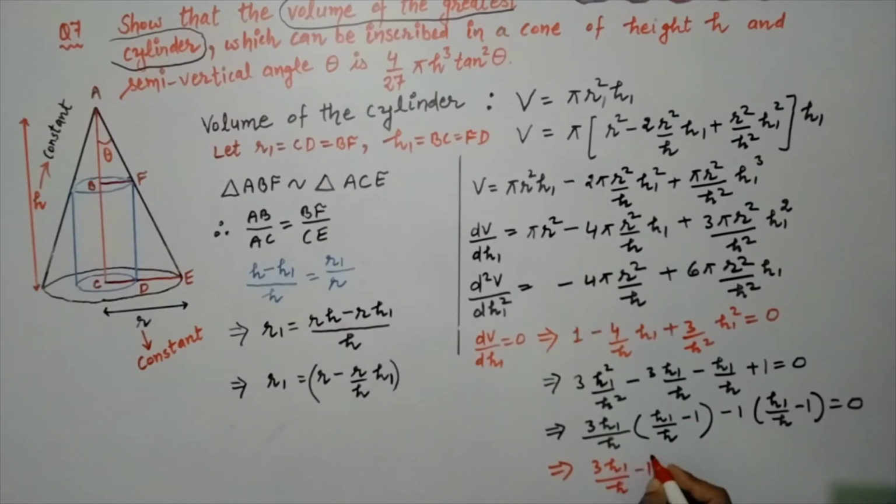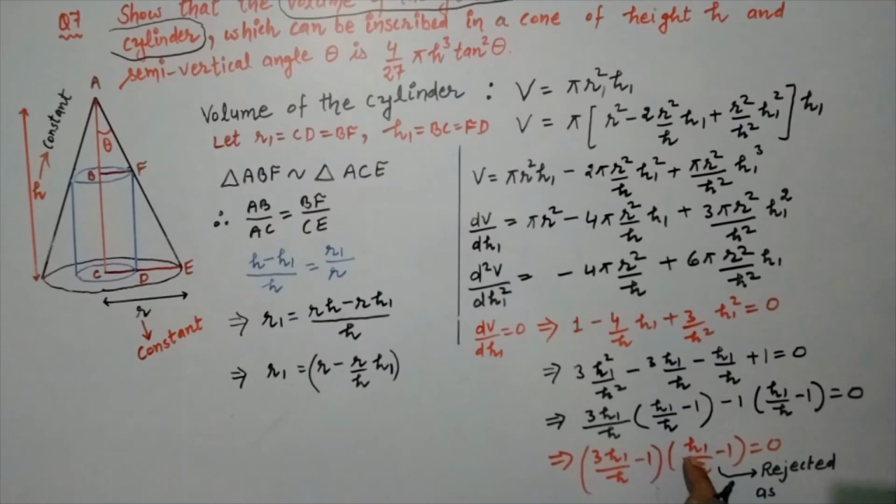So again this implies 3H1 upon H minus 1 into H1 upon H minus 1 equal to 0, right?